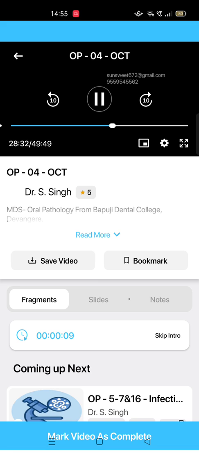Now, this glandular odontogenic cyst is clinically seen in the mandibular canine or premolar region. It is not seen in the molar region. It is most commonly seen in the mandible.